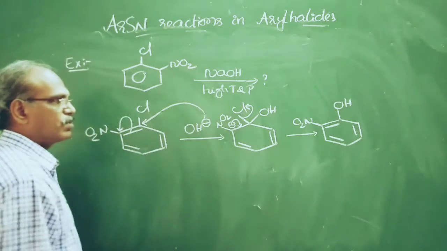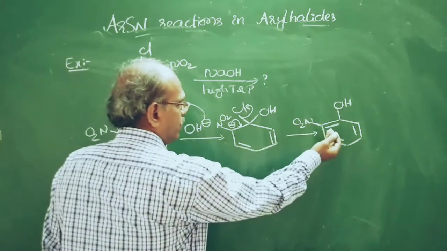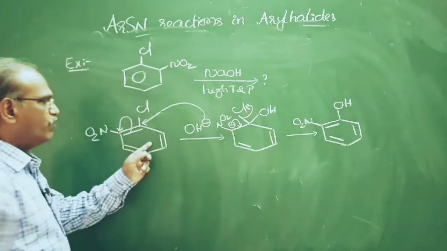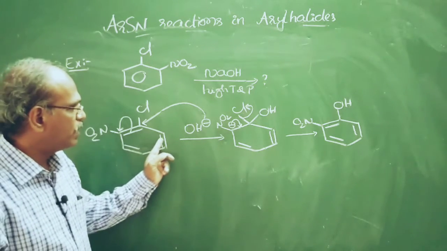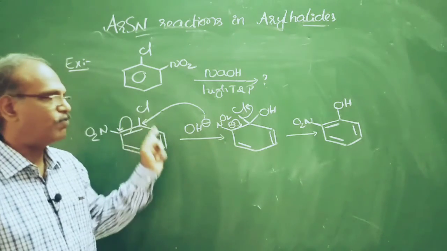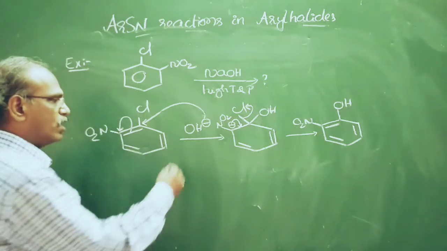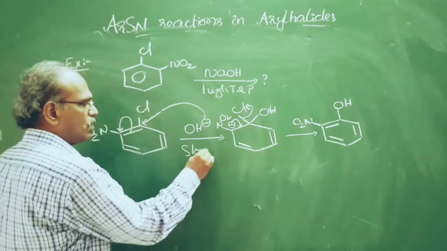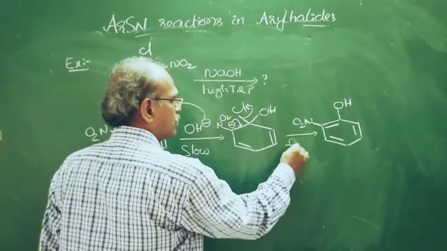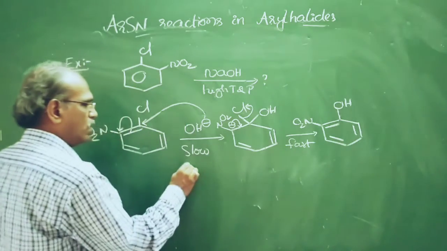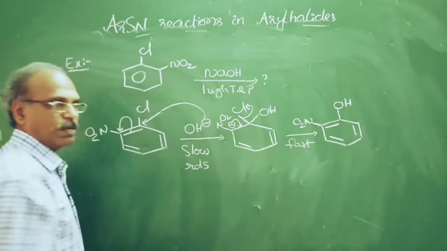Again see this. This is aromatization. Here in the first step, aromatic stability is decreased in the formation of this product. So relatively this is a slow step and this is a fast step. This is the rate determining step.